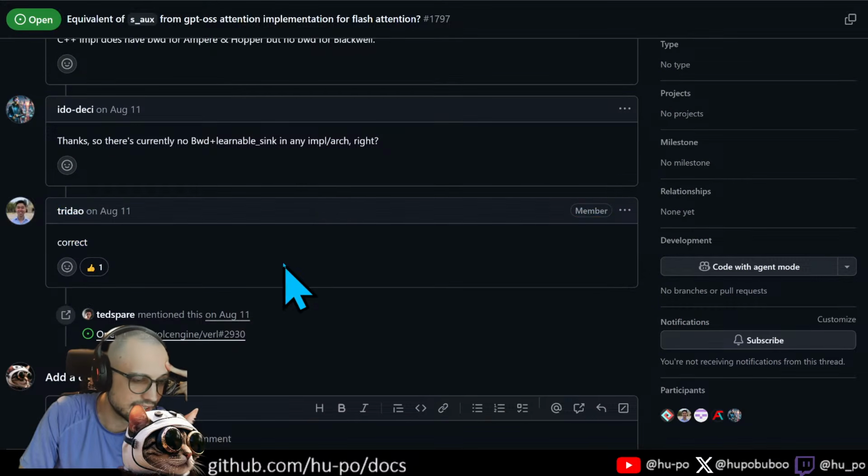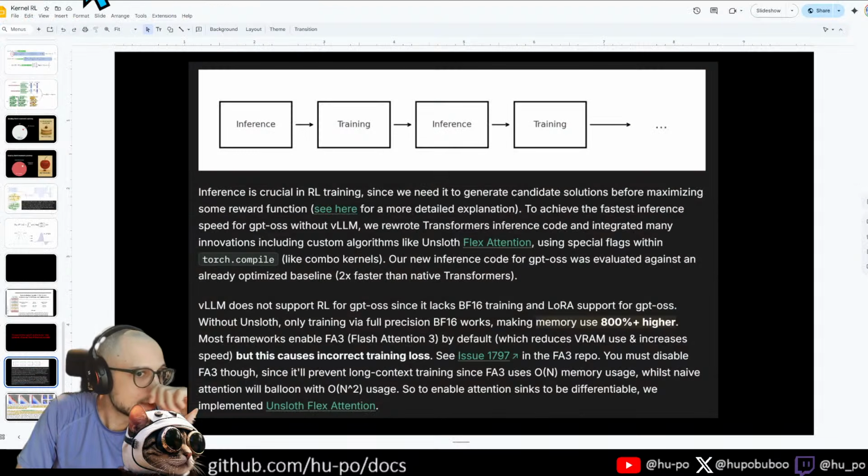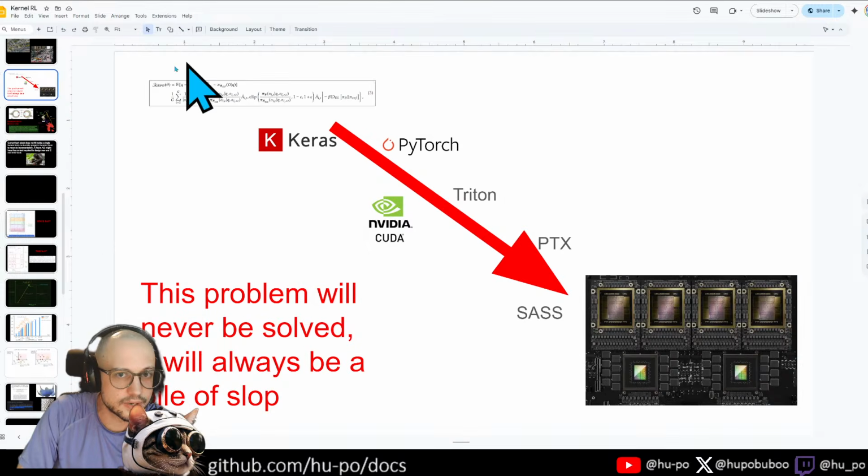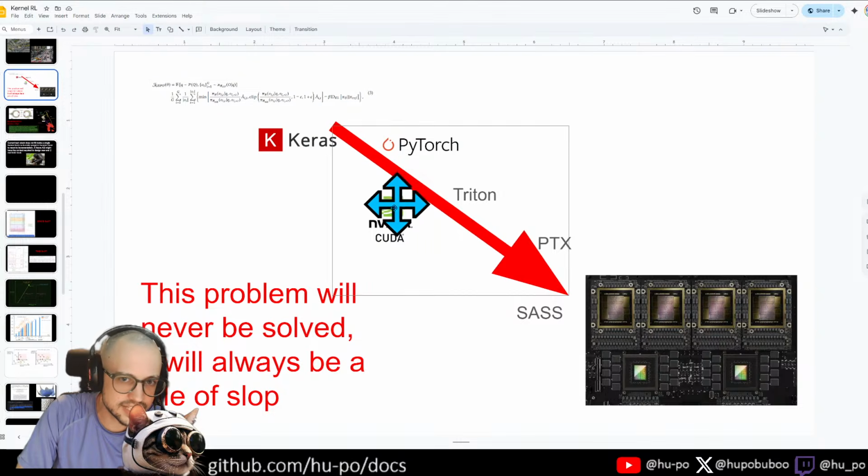Correct. So what's happening here is that OpenAI decided to put in attention sinks. Somebody at OpenAI who was basically living in the math part of the world said, okay, let's put in the attention sinks. But by the time they release this, nobody has gone down this cascade of slop and implemented this lower level stuff.